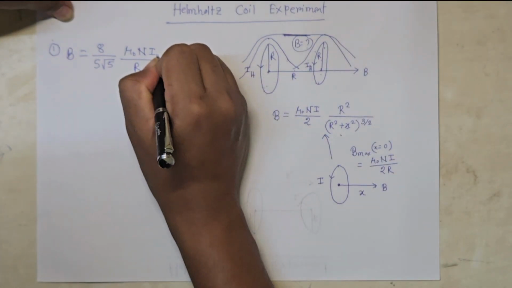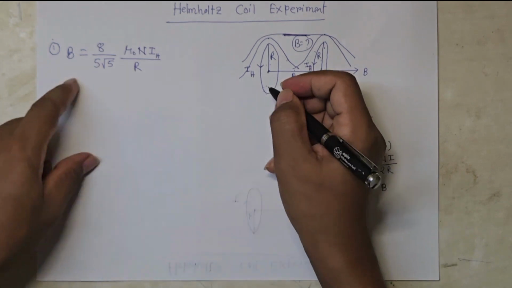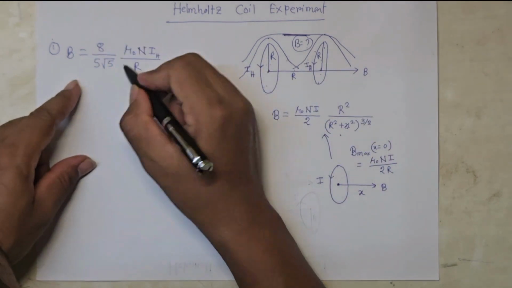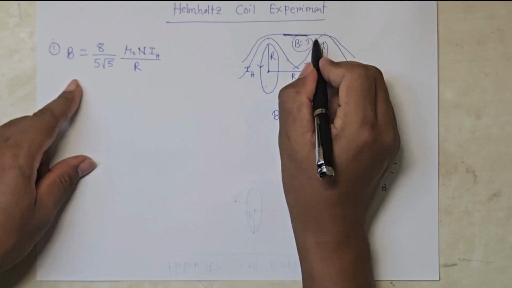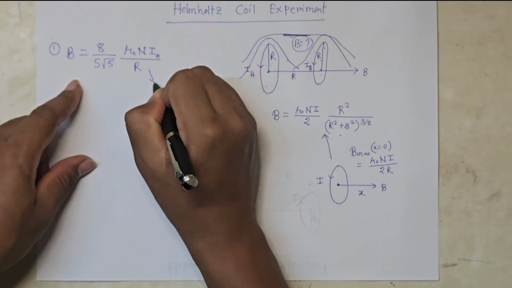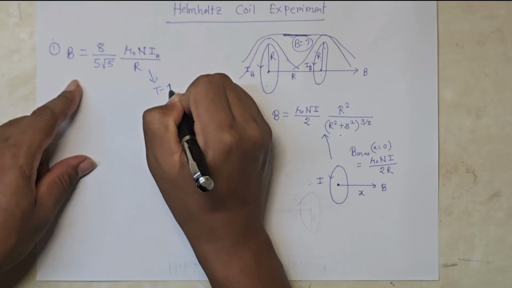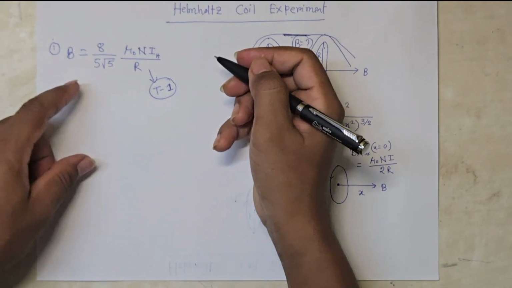Using this first formula, you can calculate theoretically the value of the magnetic field here. This is for table 1. I will discuss later what table 1 contains.